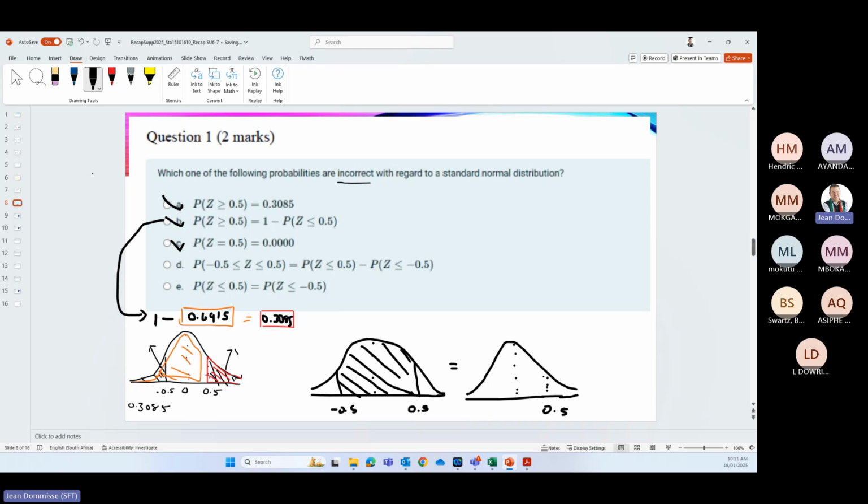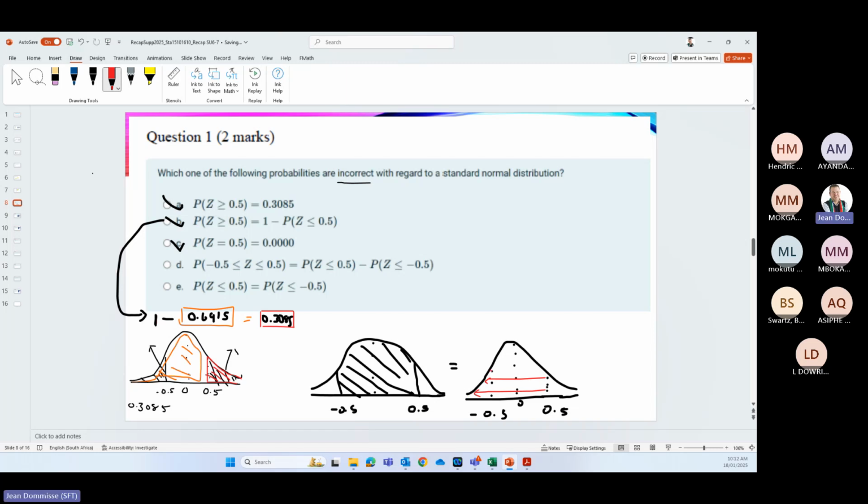Z smaller than 0.5 is everything, minus Z smaller than minus 0.5. So we actually take that component away. So that is everything smaller than 0.5.